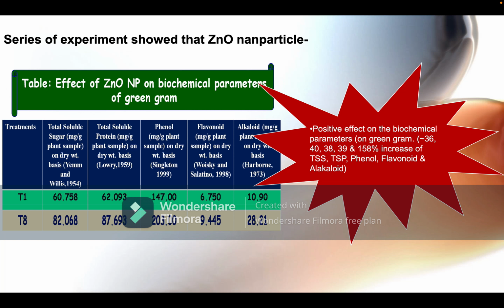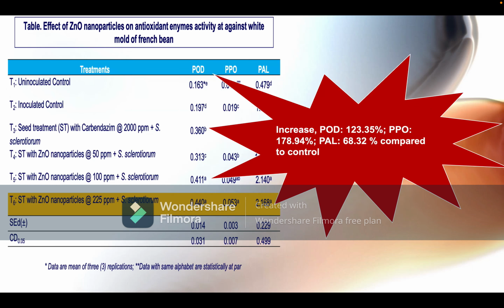At the end of the experiment, we have seen there was a positive effect on the biochemical parameters of the green gram crop, and we have seen around 36%, 40%, 38%, 39%, and 158% increase of TSS, TSP, phenol, flavonoid, and alkaloid in the zinc oxide nanoparticle treated green gram plant at 100 ppm concentration.